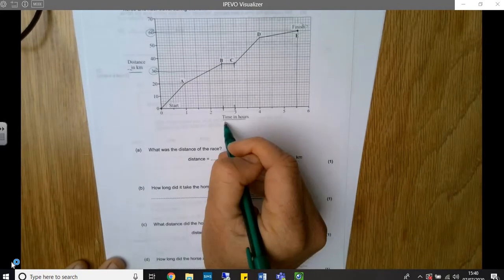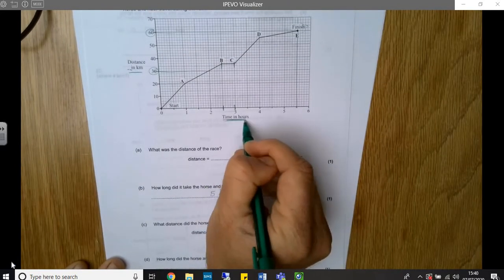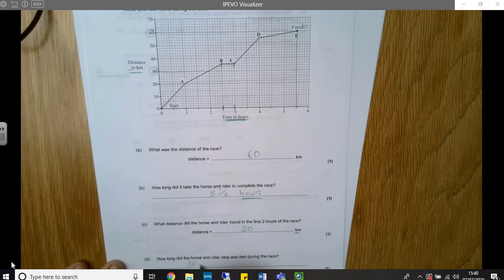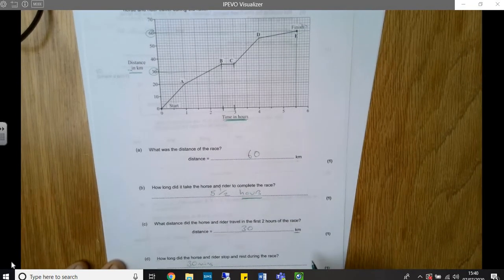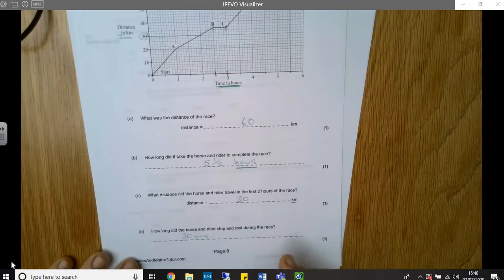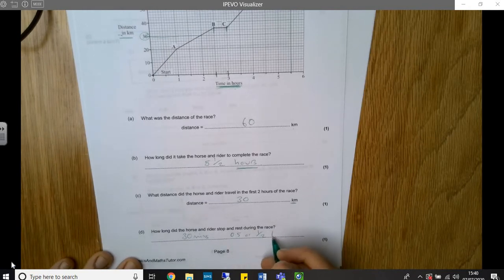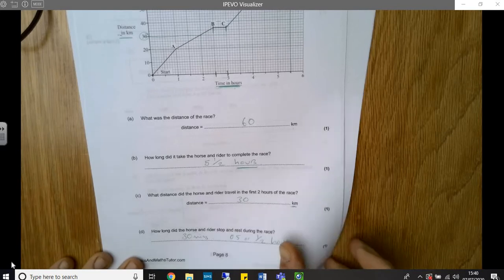It was, now it's important to remember here that this time is in hours, so you might have written 30 minutes, which is not incorrect, okay, but because we're using the unit hours, we really should say 0.5 or half an hour. Okay, and you do need to include the unit there.